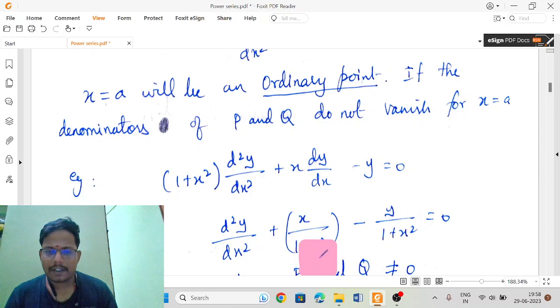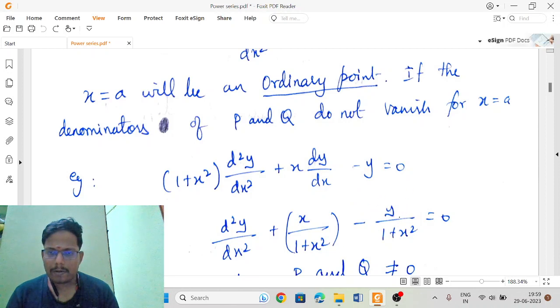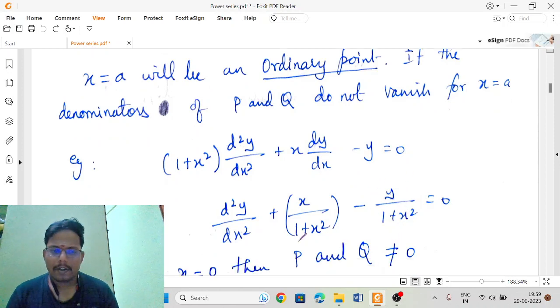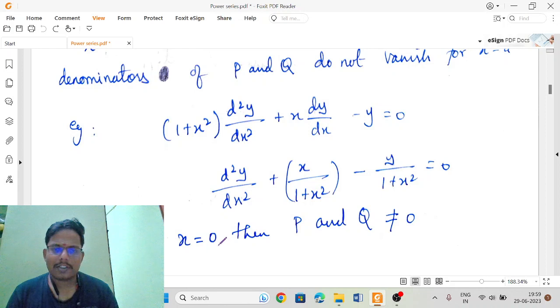So you can find it here, and here we have minus y by 1 plus x square. Then if I put x equal to 0, p and q should not vanish.